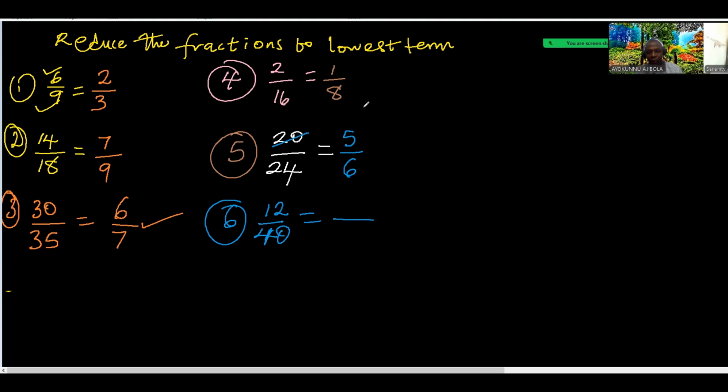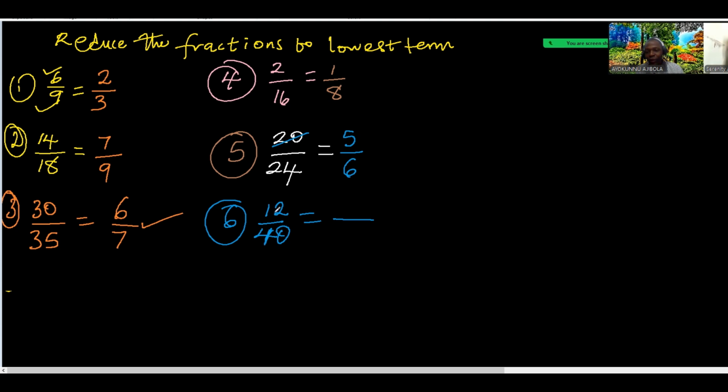If I put 10, what should I put at the top? 1. Why should I put 1? Because 1 times 12 is 12. So will 1 times 10 give me 40? No way.